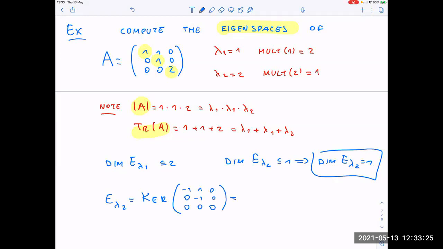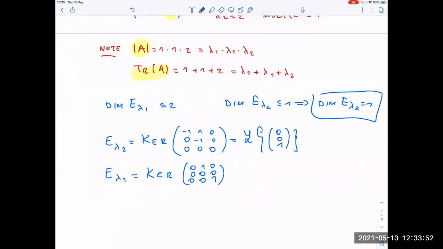And we just need to find one non-zero vector, which is this one. So here is a basis for E_lambda_2. Only one is needed. Then when you go and look at E_lambda_1, you need to find the kernel of the matrix (0, 0, 1), (1, 0, 0).